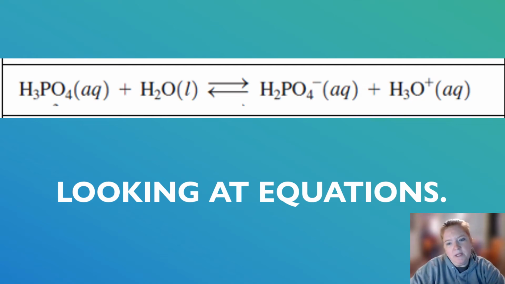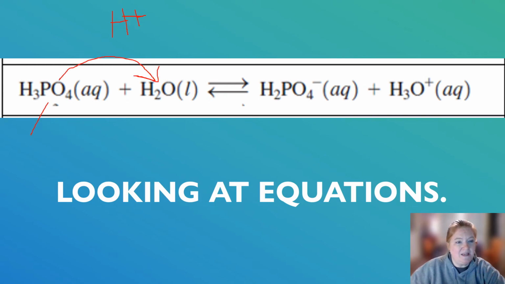All right, so let's look at equations. Let's figure out which one is going to be the acid and which one is going to be the base. Remember the rule, follow the H plus. We started with 3 H's on this side. Ooh, we only have 2. This started with 2 H's and it has 3. So what happened is an H went like this.